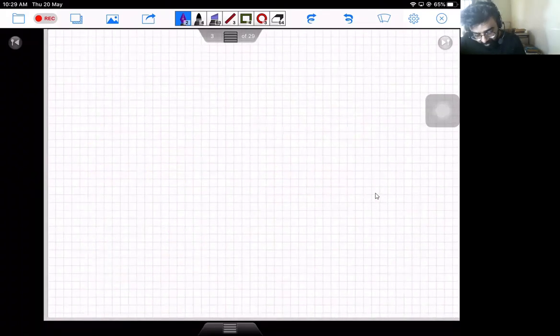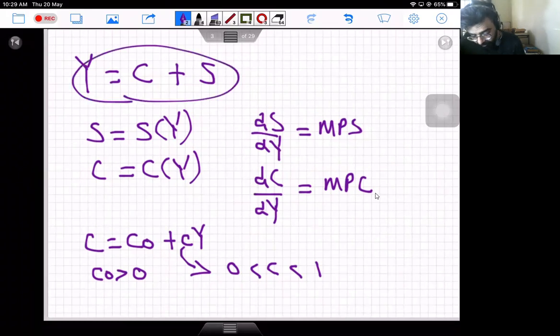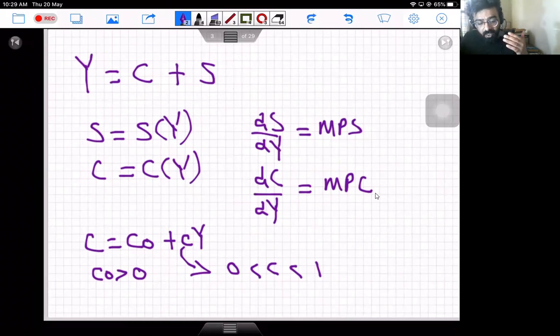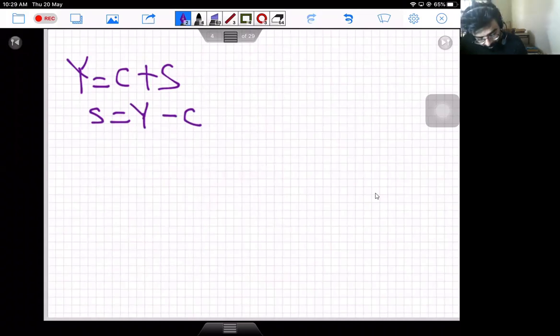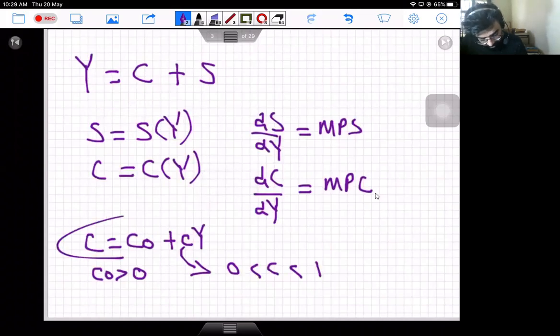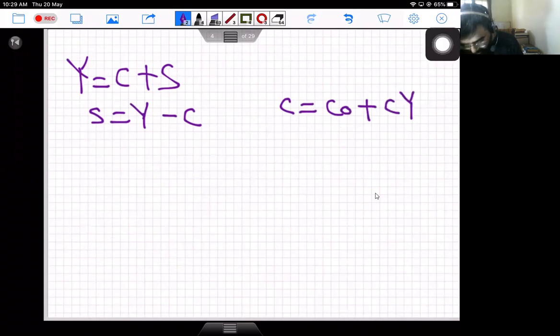So since we know that Y is equal to C plus S, if we make savings the subject, I mean, if we find savings as a function of income, S is equal to Y minus C. And we have C is equal to C naught plus C times Y. We are going to use these two equations in order to derive the MPS and MPC.